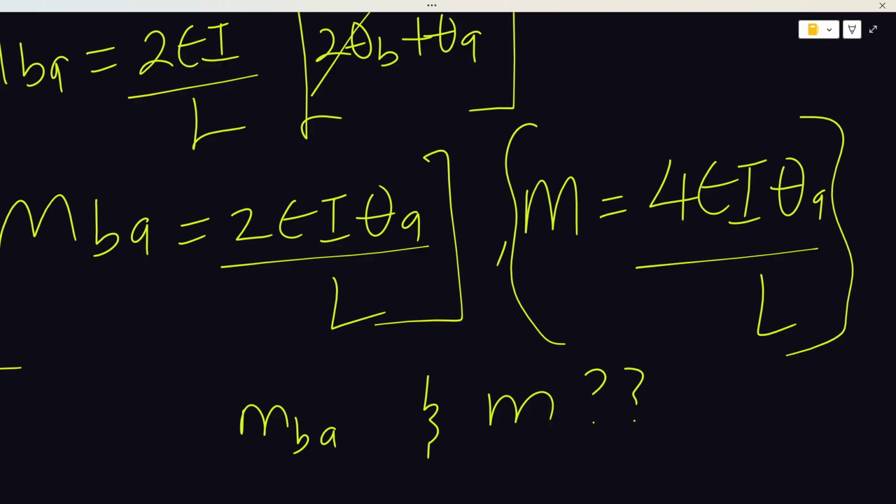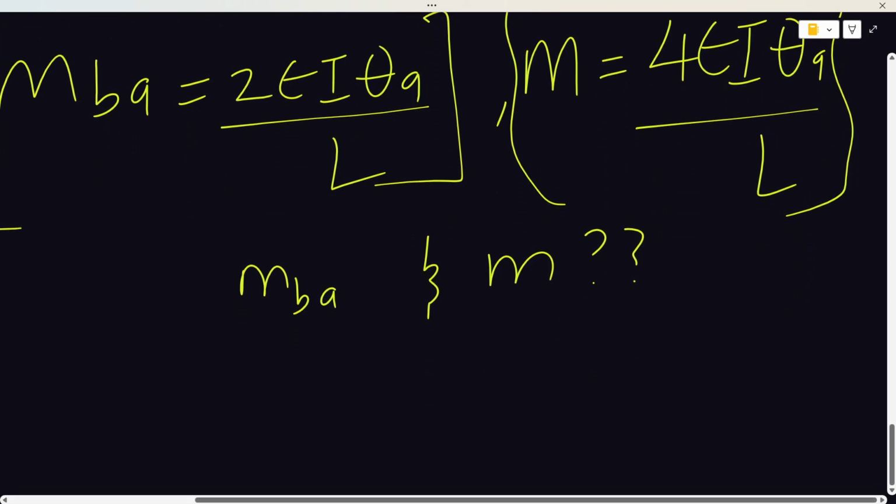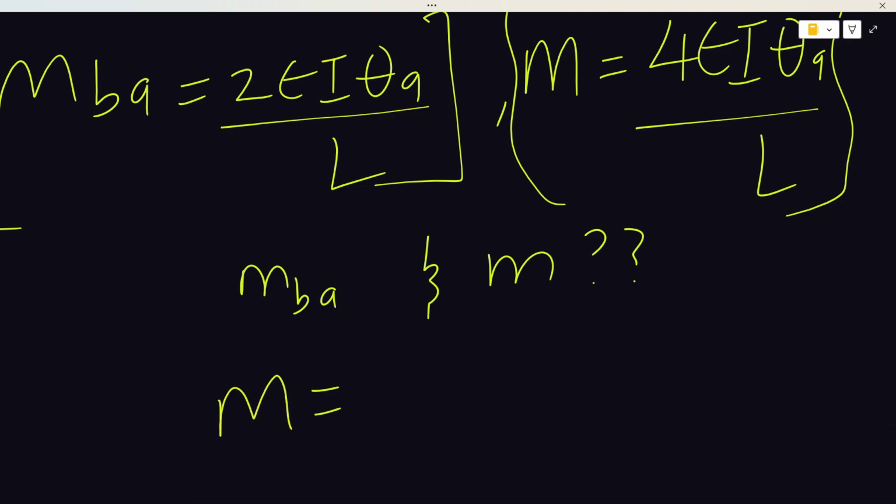Okay, yes, it is very possible. So to do that, we can say that M is equals to, I can see MBA in M. We just have to multiply it by 2.